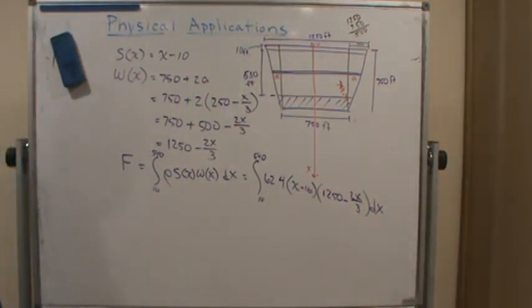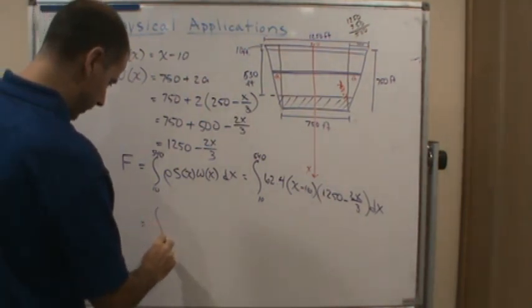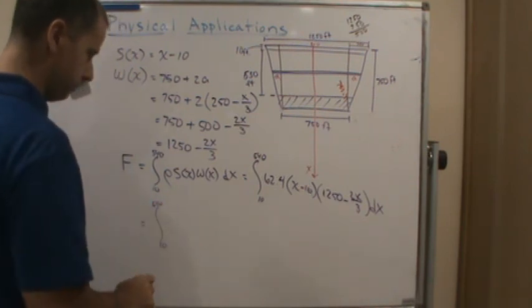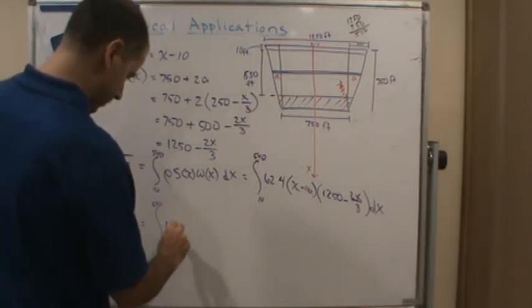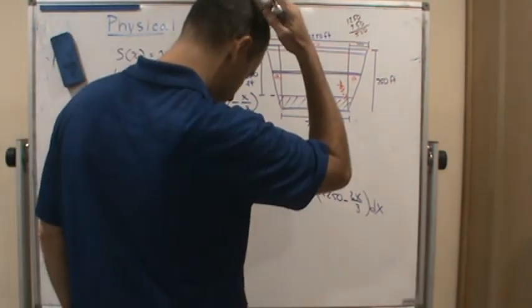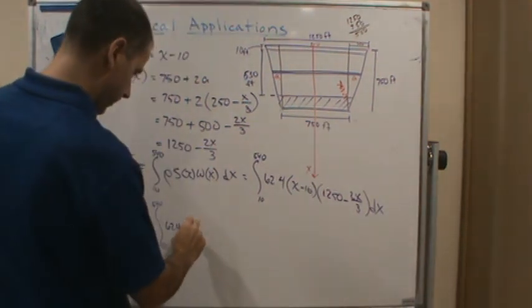And now, this is where I simplify. So let's simplify this thing before we integrate. So this is 10 to 540. Okay, so this is going to be 62.4. And so now, what do we want to do? Let's distribute.